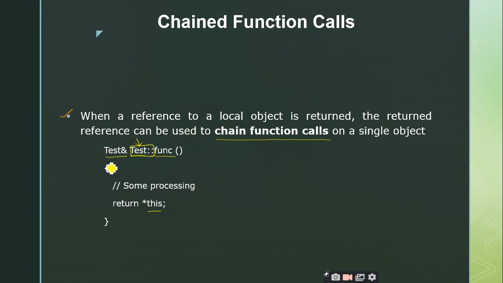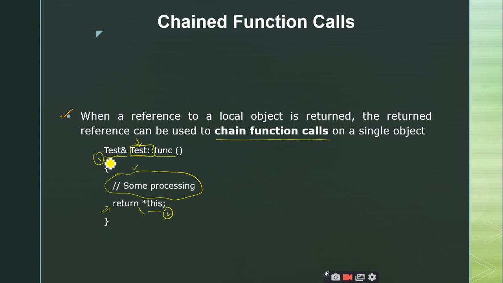So this point is very important. And the second point is, you do some processing here, or you write some number of steps in the function. I'm not bothered about it. What I'm going to concentrate on is how we return the this pointer. That is done by using the statement return star this. This is another important point.